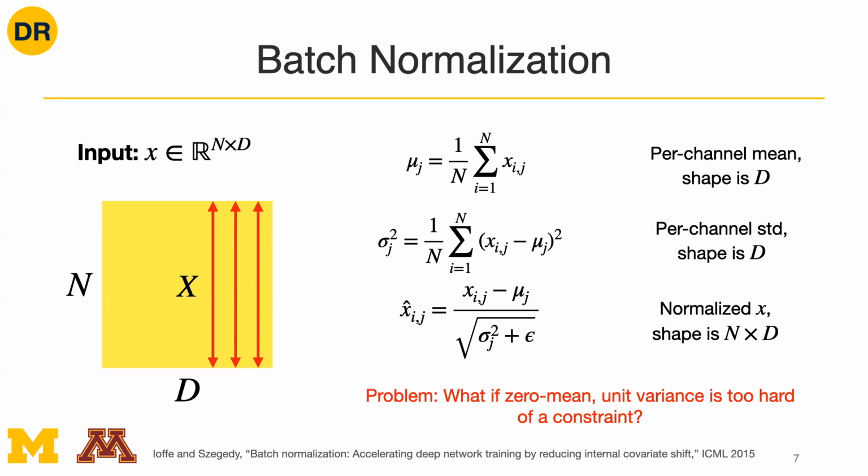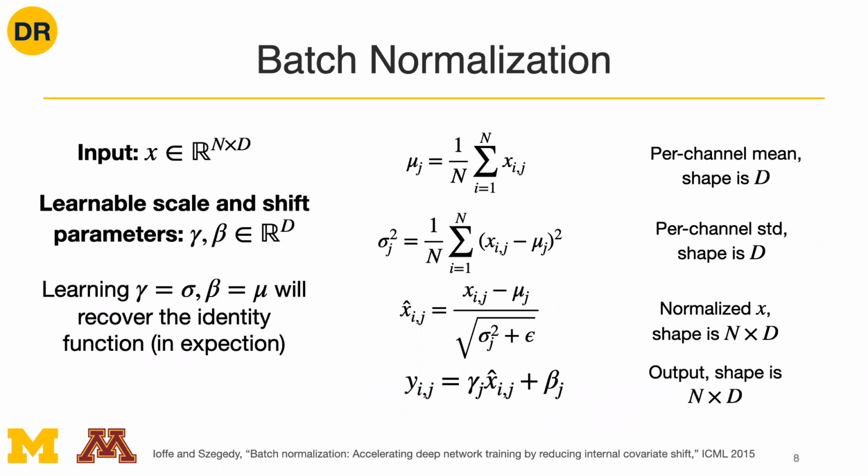So the problem here is that this might seem like too much of a constraint that we are inducing into, let's say, a deep neural network, right? Having a constraint over every layer to be within zero-mean Gaussian is probably too much of a constraint. So one thing that people have come up with is to add learning parameters and say, okay, I'm going to get these values, but then I'm going to use two values, gamma and beta, to make them a little bit flexible.